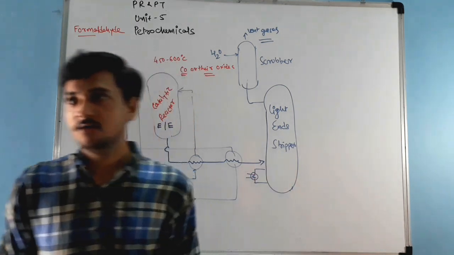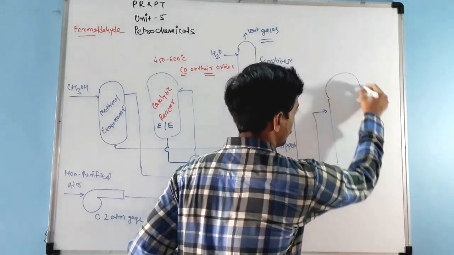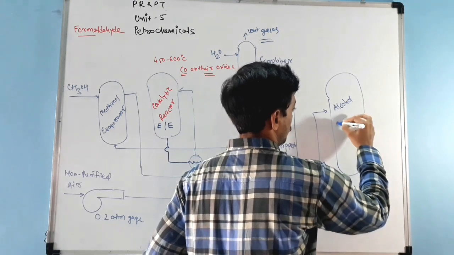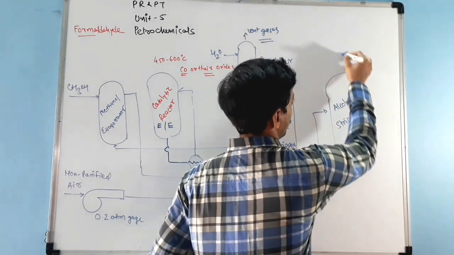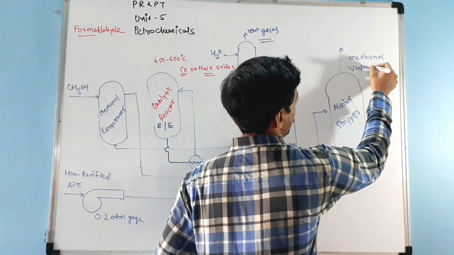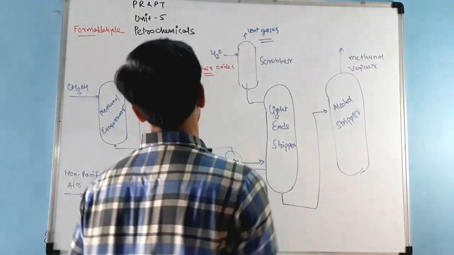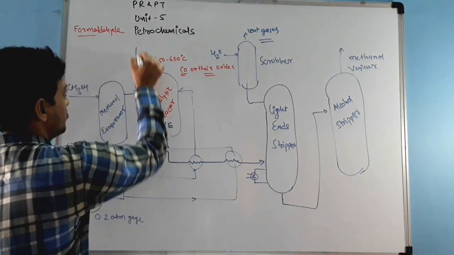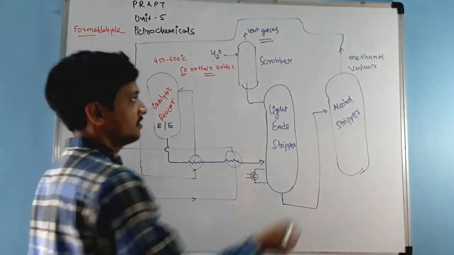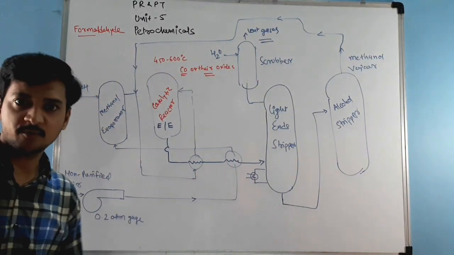So from here we are sending our product gases into an alcohol stripper, from where the unconverted methanol vapor, around 15%, is recycled and sent back to the methanol evaporator.